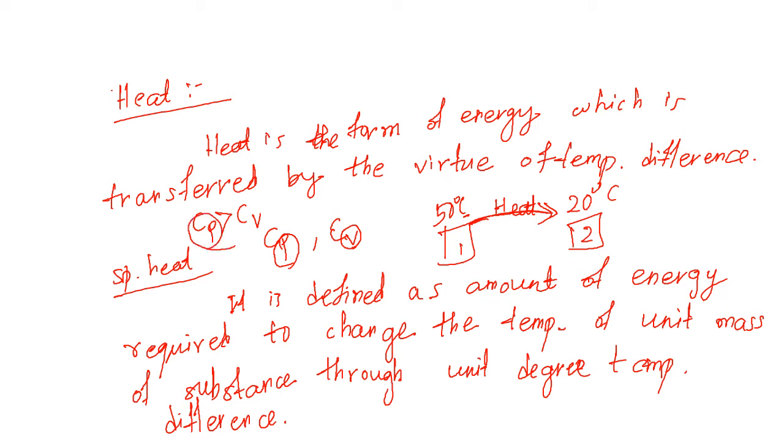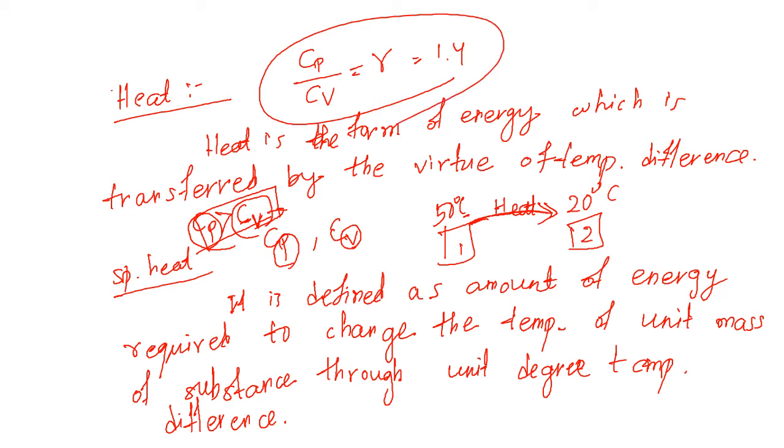But Cv contains only internal energy. No boundary work is there because the volume is controlled. So Cp is always greater than Cv. Cp by Cv equal to gamma equal to 1.4. You remember this one also.